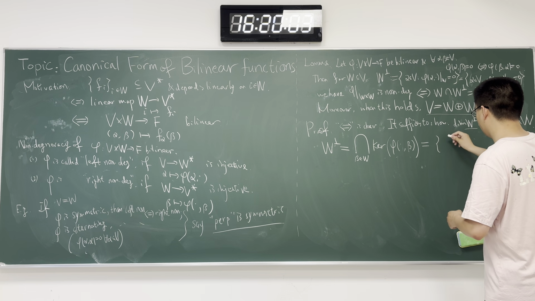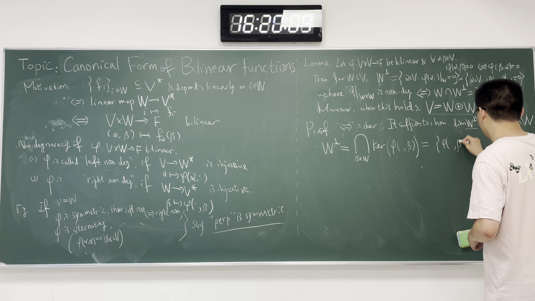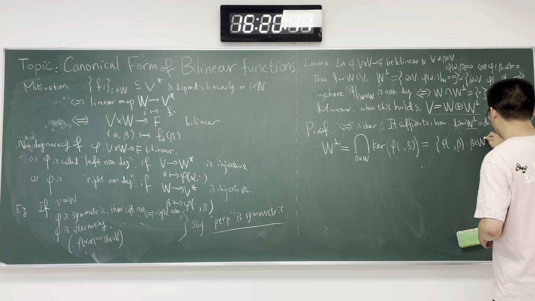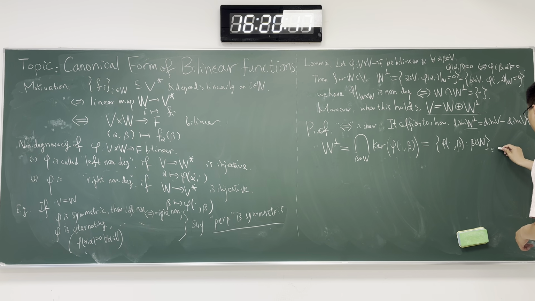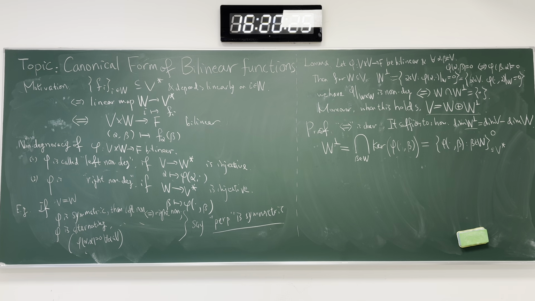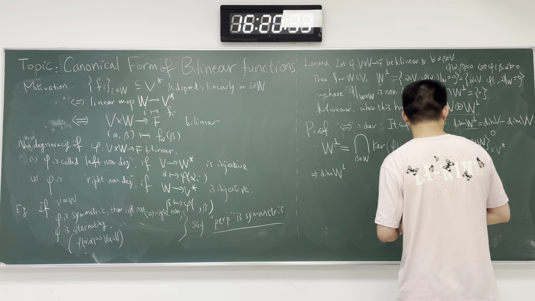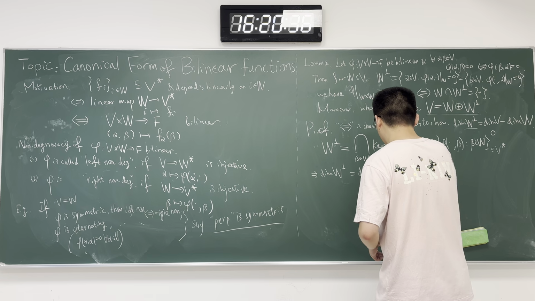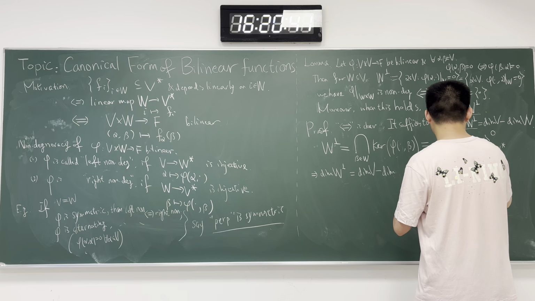Say it is those phi(·, beta), beta in W. This is a subspace of V star, the dual of V. Then we take the common zero space, which lies in V. So we have the dimension relation that the dimension of W perp just equals the codimension of such a space in V star.